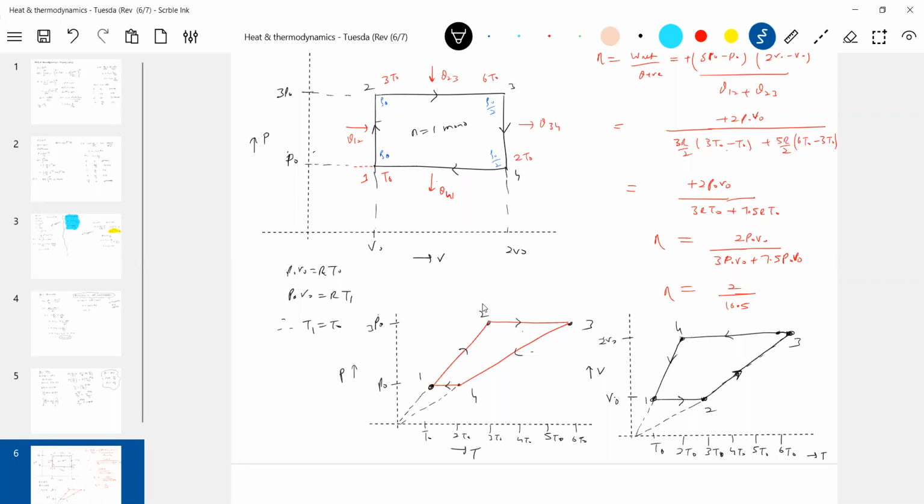So this is isochoric. And this will be isobaric. Then 2, 3 is what? Isobaric process. In a VT graph, it is a straight line passing through the origin. In that way, it will be adjusted here.